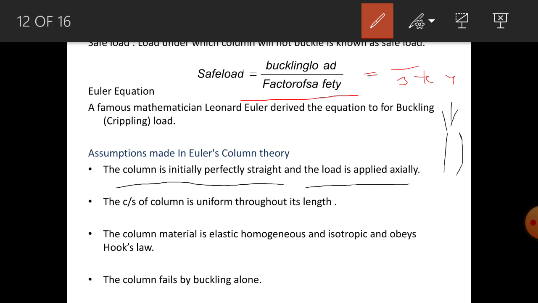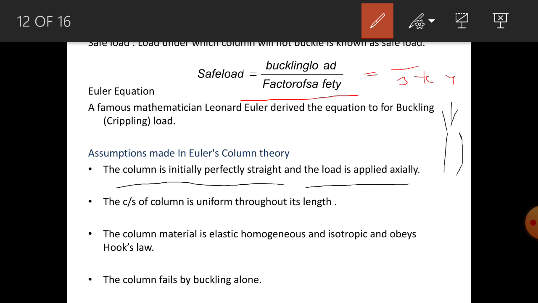That is the first assumption. The second assumption is that the cross section of the column will remain uniform throughout its length; the length and the breadth will remain constant all along.